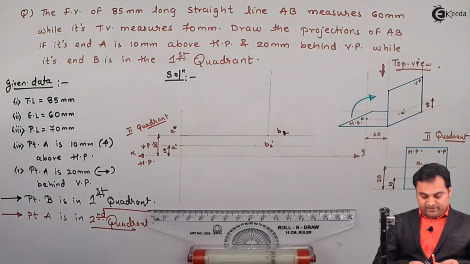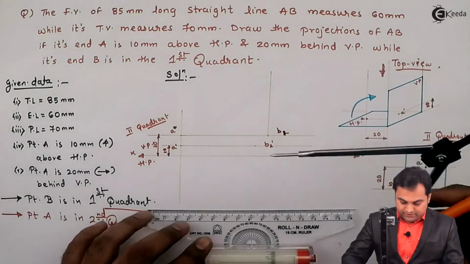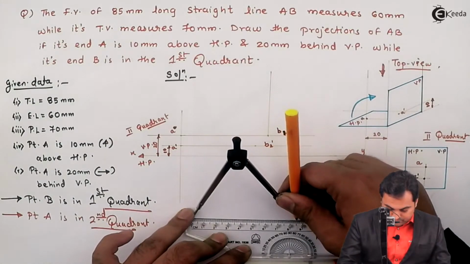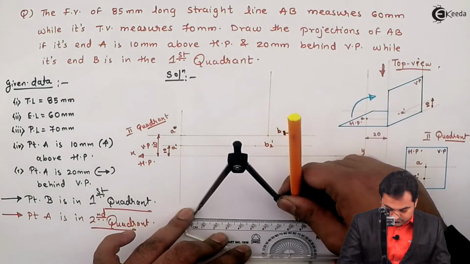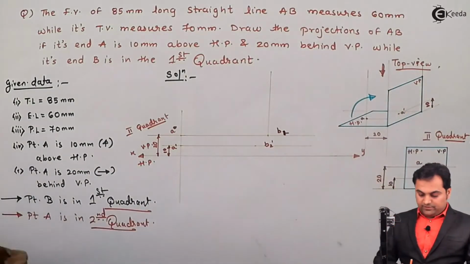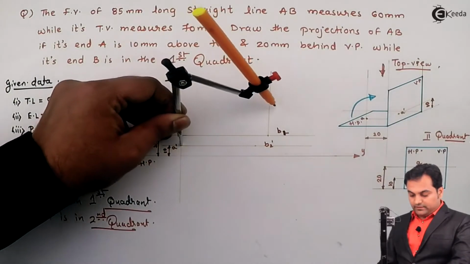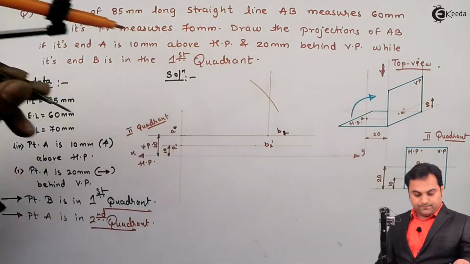So measuring 85 true length here. After measuring 85, keeping it on A dash and cutting this line which is passing through B1.